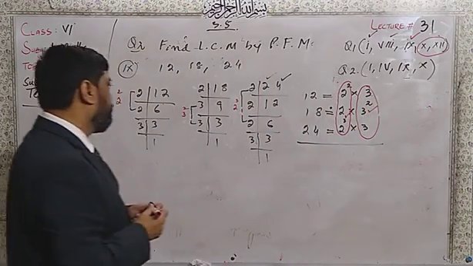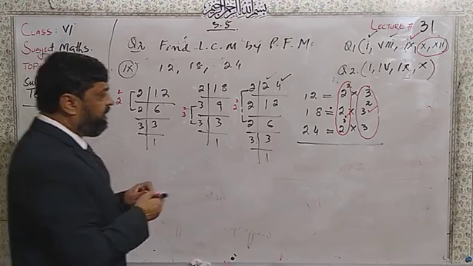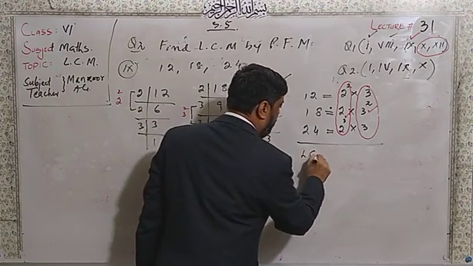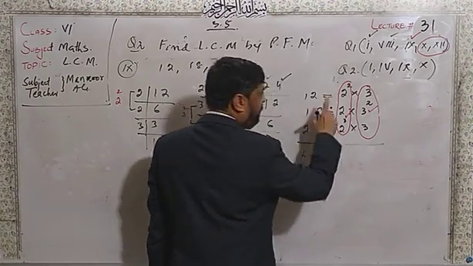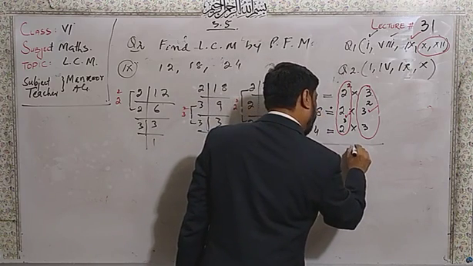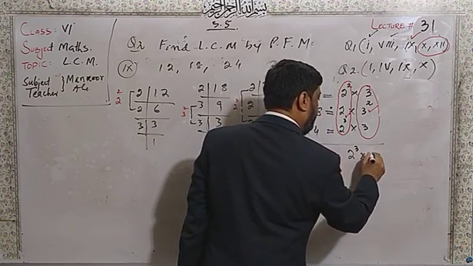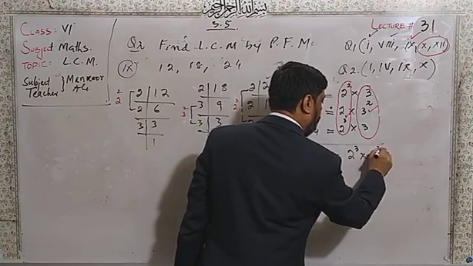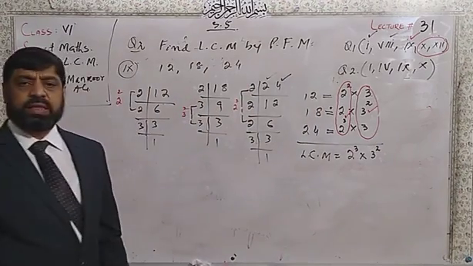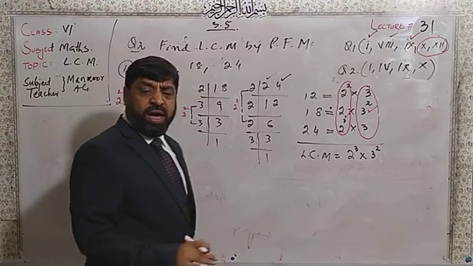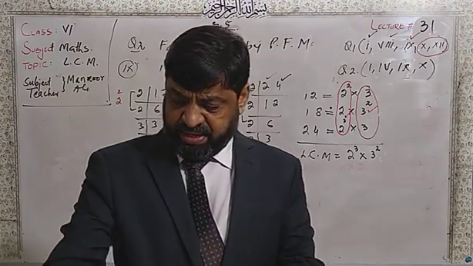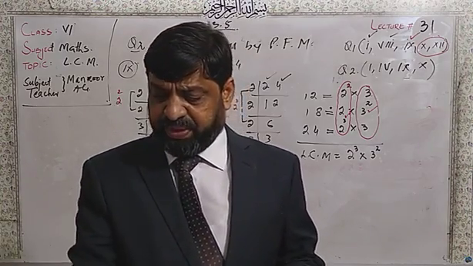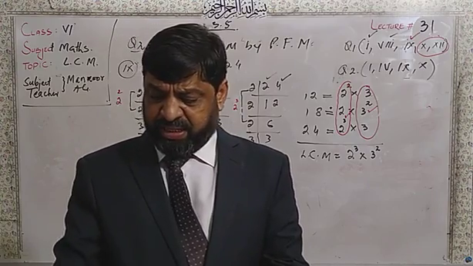Maximum number. So I write here LCM, that is equal to 2 power 3 multiplied by 3 power 2. Dear students, I will write here the same way.